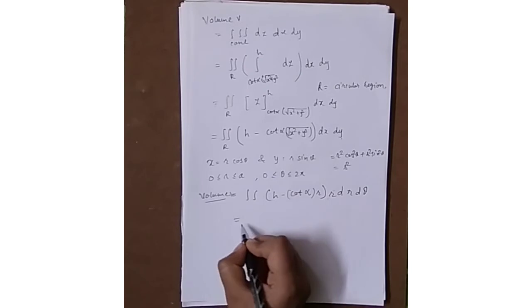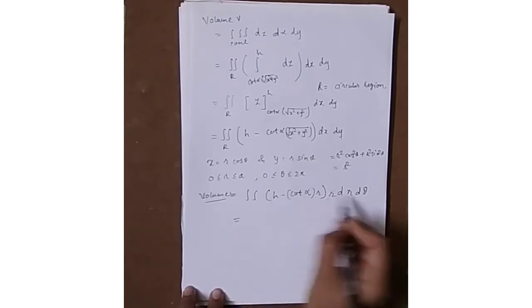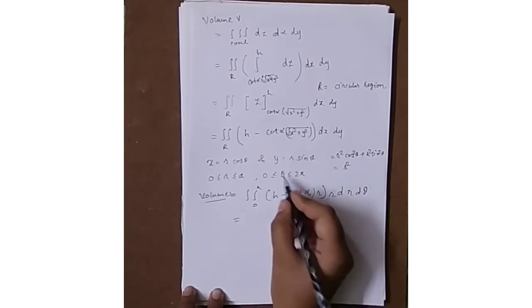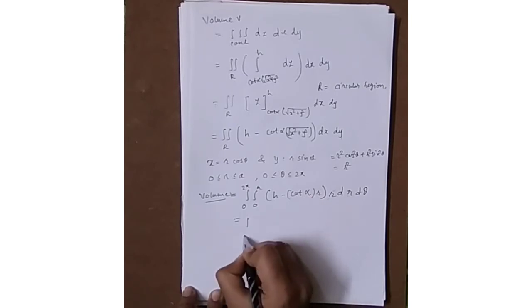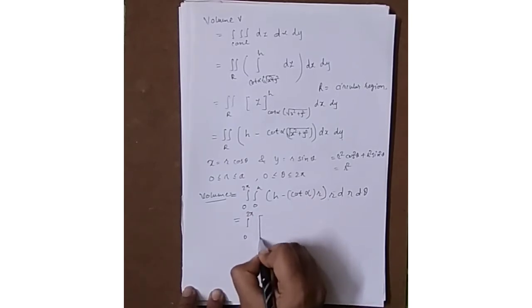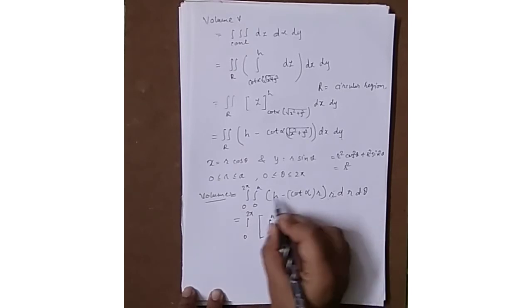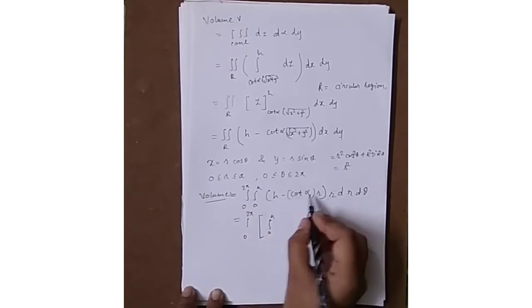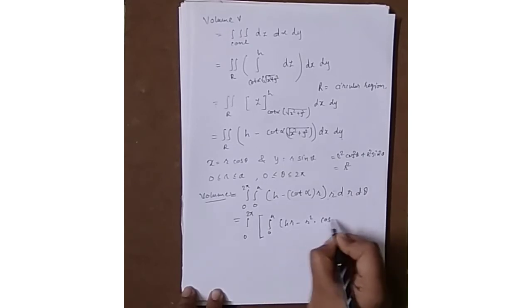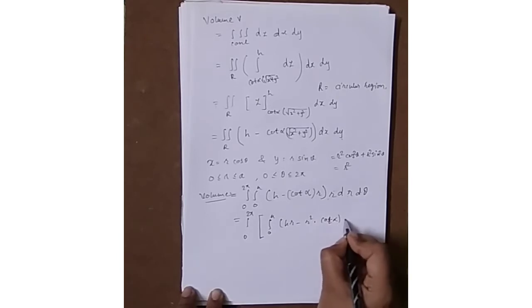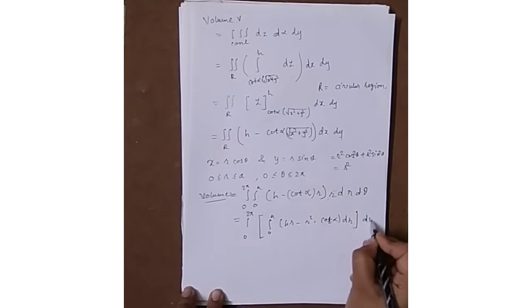So it is equal to, the limit of r is 0 to a, and the limit for theta is 0 to 2 pi. Next, integrating this, for that multiply r to the two terms, it becomes hr minus r square into cot alpha and dr d theta.